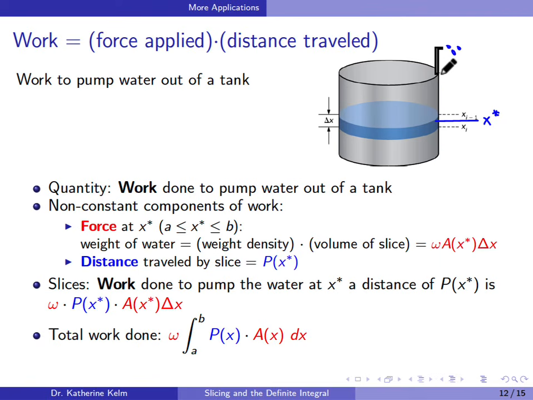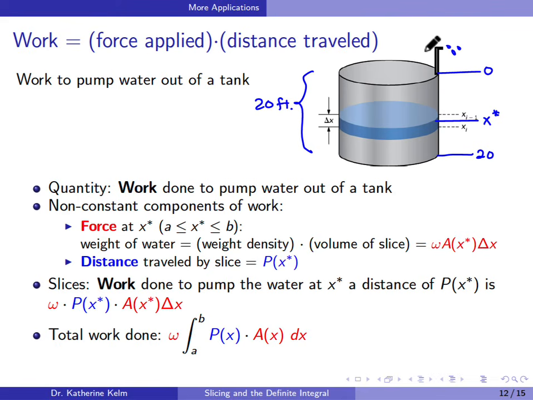We have several choices. Let's suppose our tank is, say, 20 feet deep. We could choose a coordinate system where the top of the tank is considered 0, and the bottom then would be considered x equals 20.